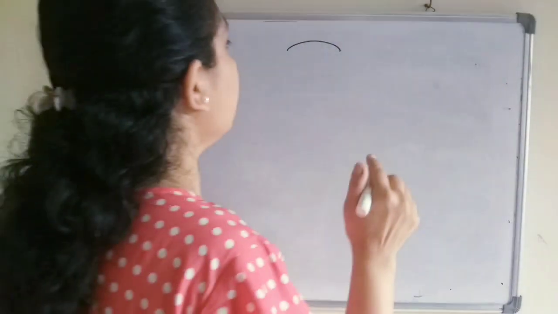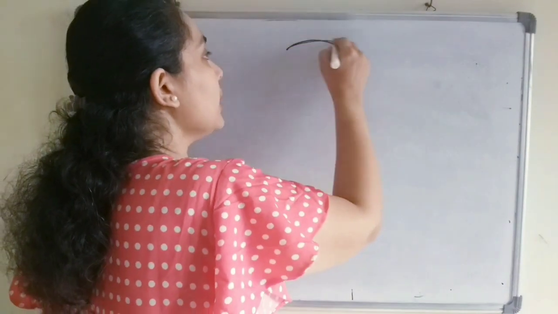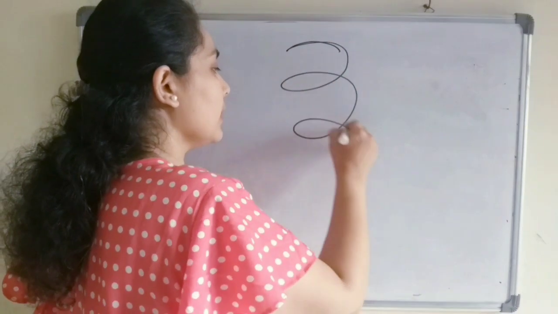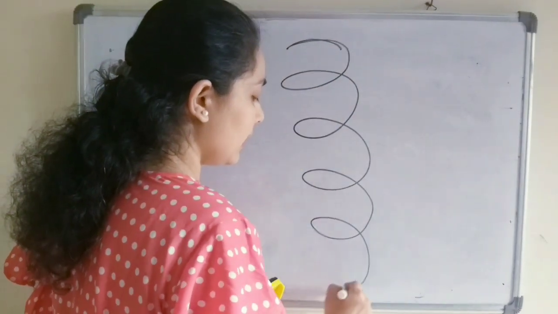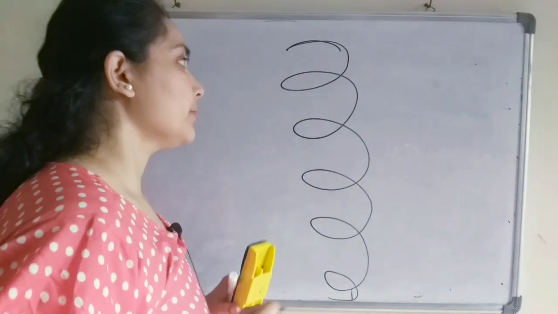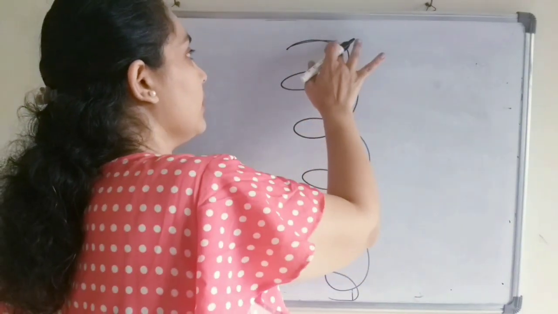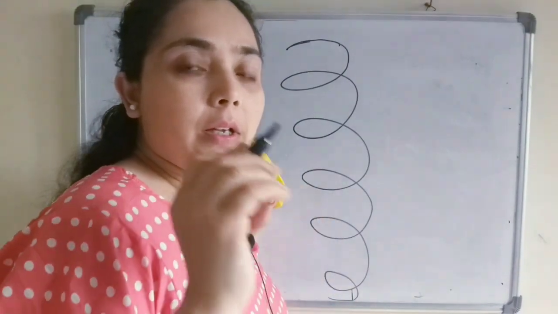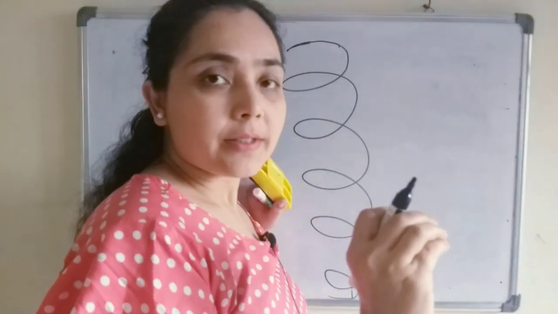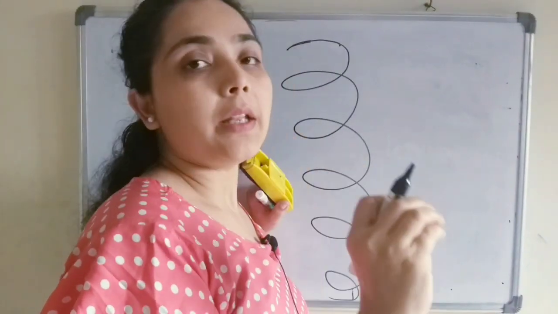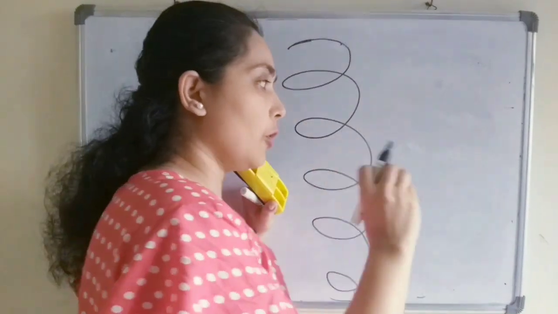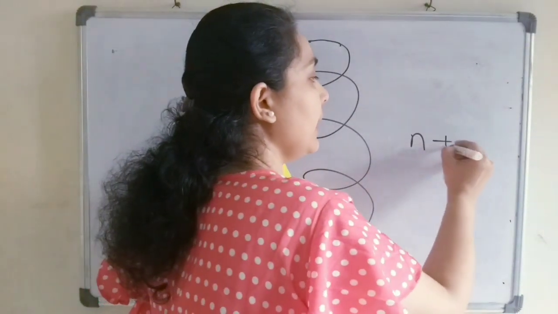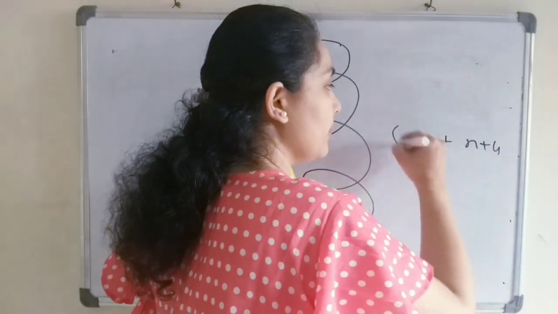Now let us understand all the dimensions of the alpha helix. Suppose this is one coil-like structure. We discussed that the stable structure is the one in which hydrogen bond formation takes place between N and N plus 4.